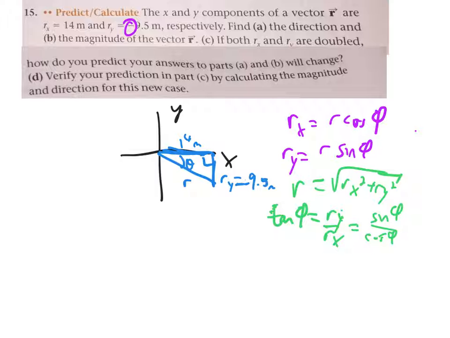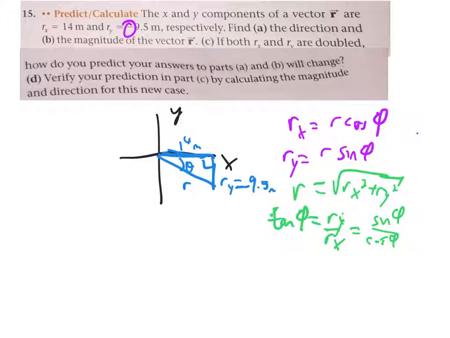The price we pay is the angle is no longer the angle I've got drawn there. Instead, it's the angle as measured from the plus x-axis going counterclockwise. So this angle is phi, which is some weird angle, in this case bigger than 270 degrees. So that works out kind of neat, but it's also kind of weird. The r is the same, but I want to look at the angle.